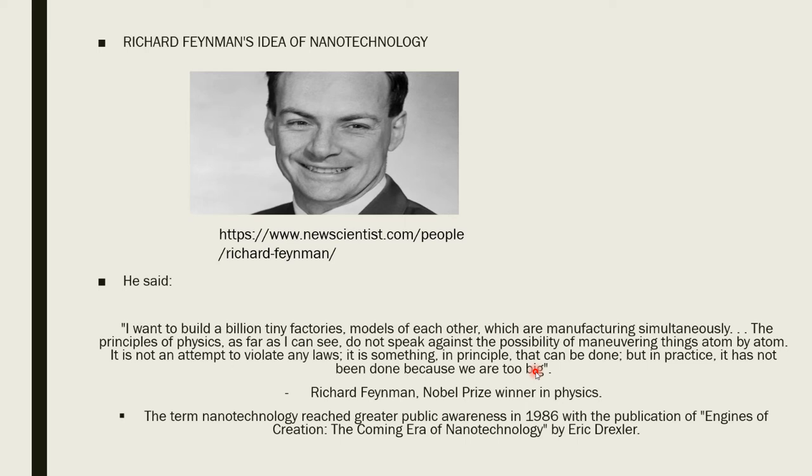Feynman never used the word nanotechnology, but he was focusing on this area. He asked why we couldn't manufacture not only at the cellular level but at the atomic level. He raised this question, which was then carried forward by Eric Drexler.